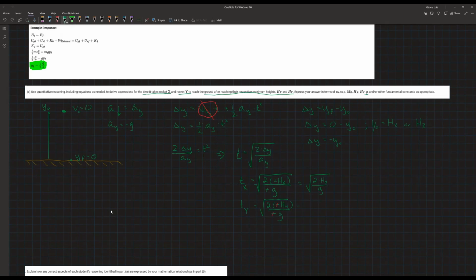And we get that it is given by the square root of 2hy all over g. Here are the times for each of the rockets to drop from their respective heights, given by the square root of their height times 2 all over g. Let me know if you have any questions.